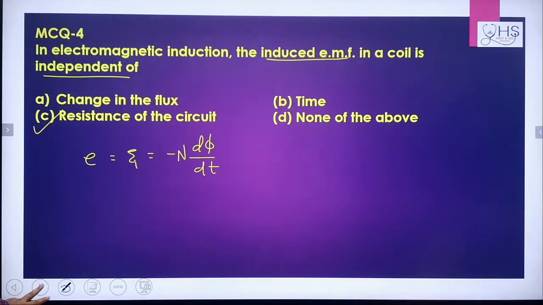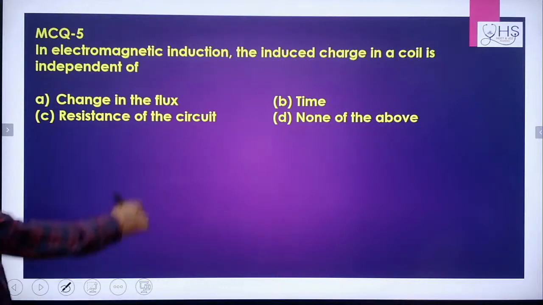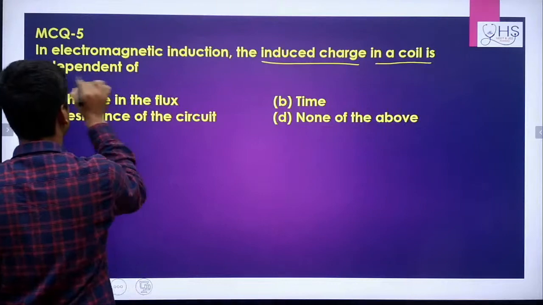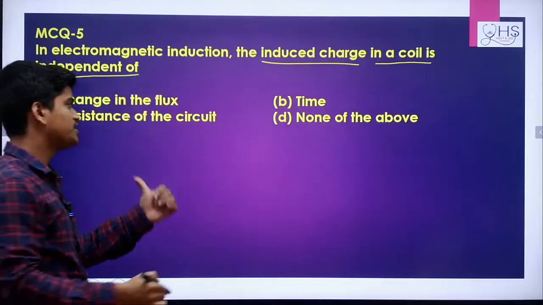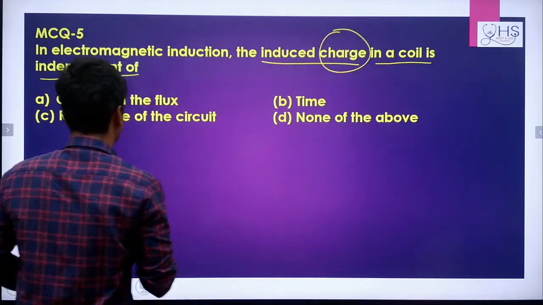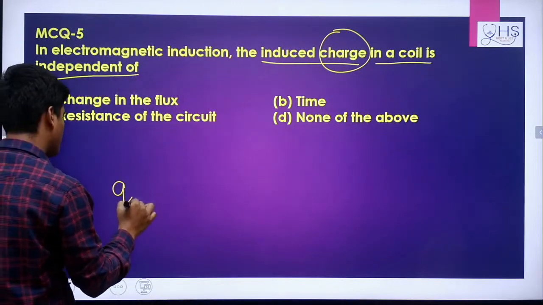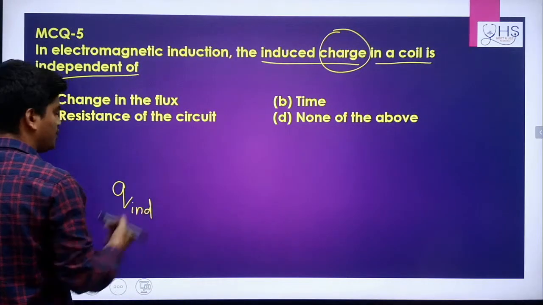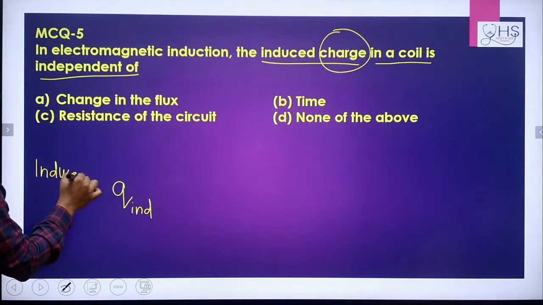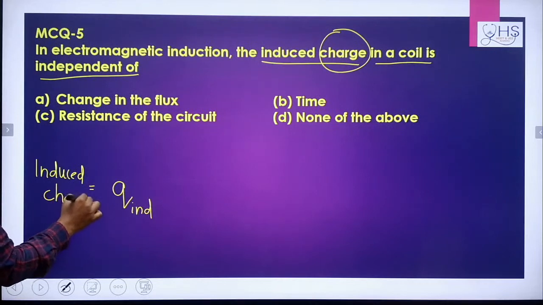Now next question, you try to give the answer. In electromagnetic induction, the induced charge in a coil is independent of what? The previous question was about induced EMF. Now this is induced charge. In the last lecture I told you about Q induced, it is called induced charge. What is the induced charge formula?